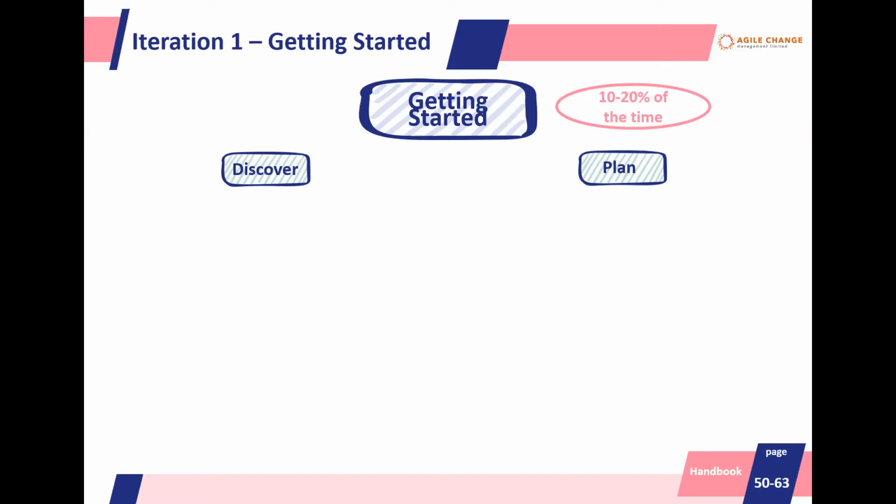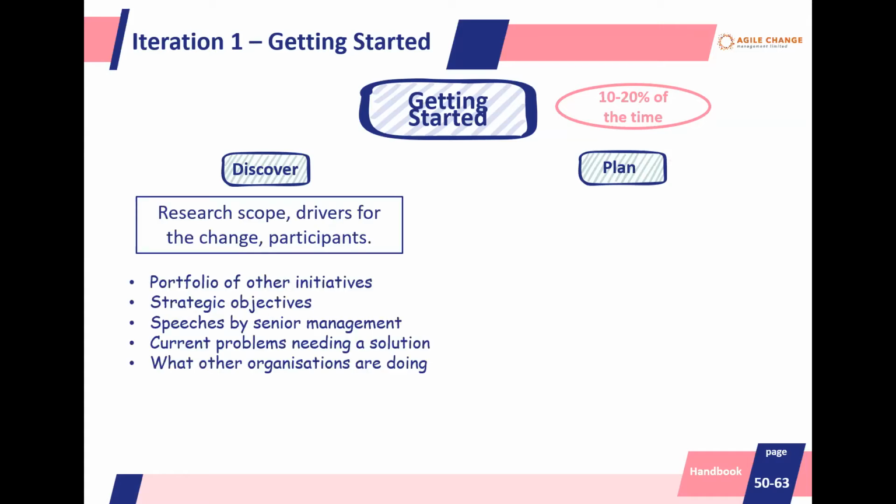So, getting started, there are 2 steps within the process of getting started: discover and plan. Now, bearing in mind that iteration 1 is all about creating the description of our change, the scope of our change, and knowing how we're going to manage our change. What we do in the discover step is we research the reasons for the change. We look for what are the driving forces within our organisation and our marketplace that means that this change is a good idea.